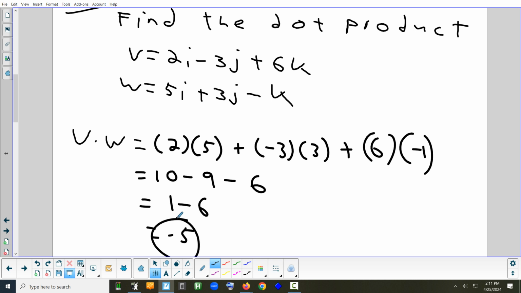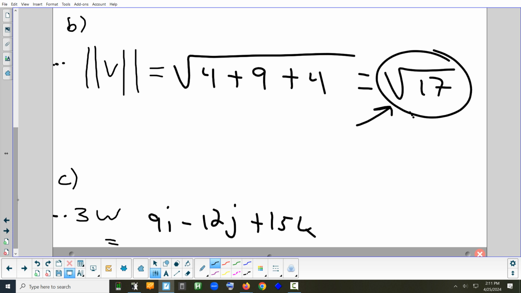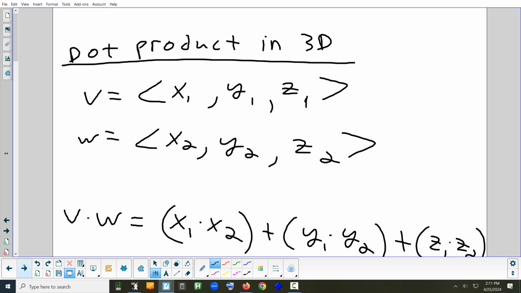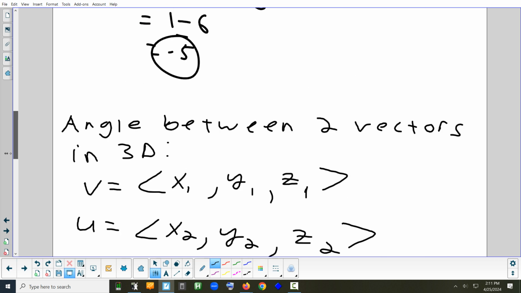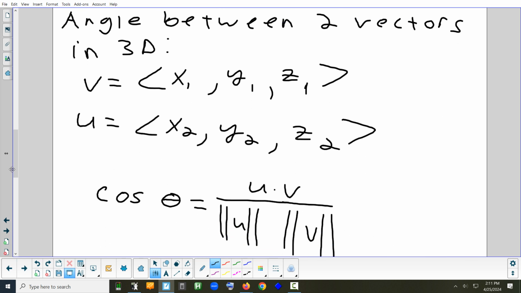Okay. Any question on how we got the dot product? All right, so now we know how to find a dot product in 3D. We know how to find a magnitude in 3D. So that now allows us to find the angle in 3D. The angle between two vectors in 3D is exactly the same formula as 2D.